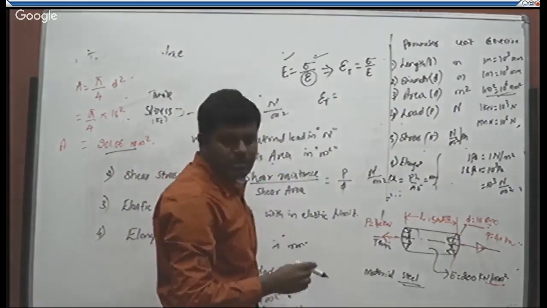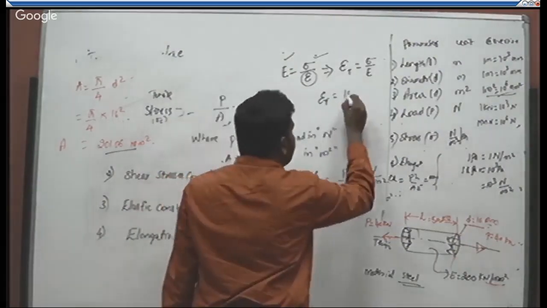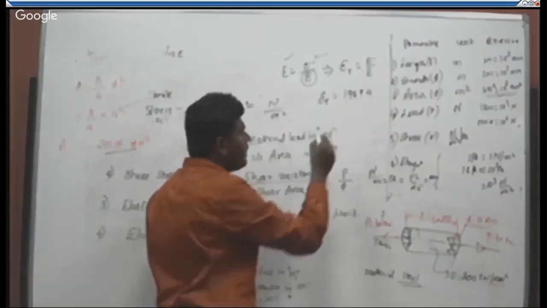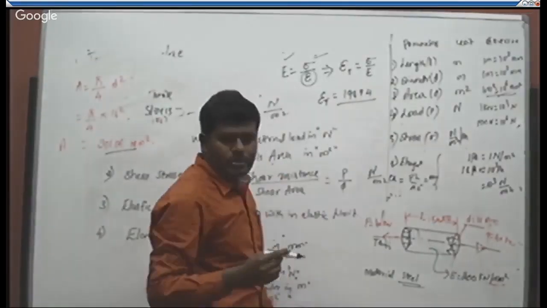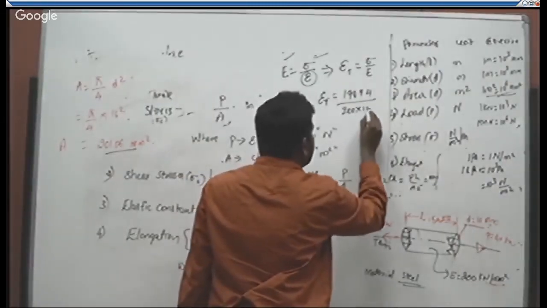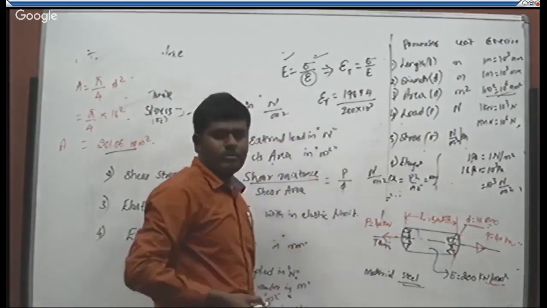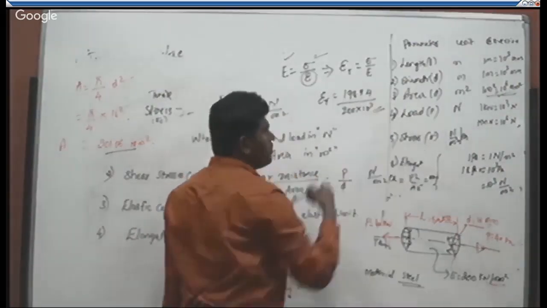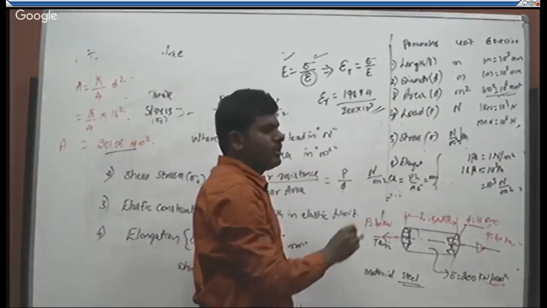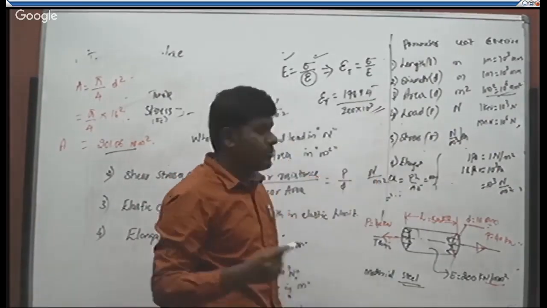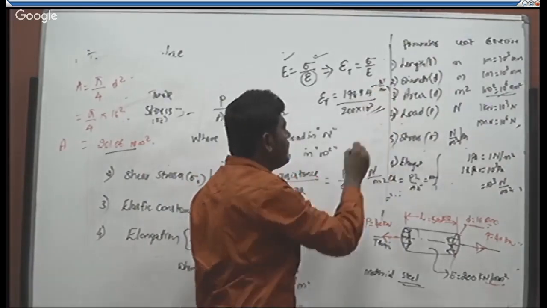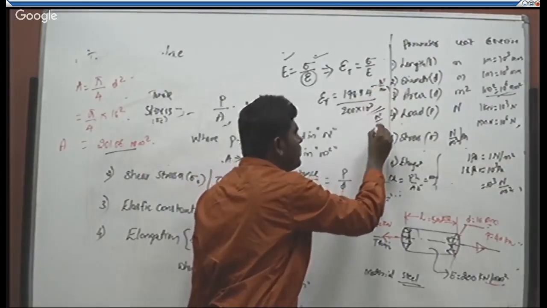So stress we got around 198.94 Newton per millimeter square, and we have a Young's modulus given as 200 into 10 power 3 Newton per millimeter square. Here many of the students make mistakes in substituting the parameters in terms of units. The stress should be in Newton per millimeter square, and the value of elasticity also in Newton per millimeter square.